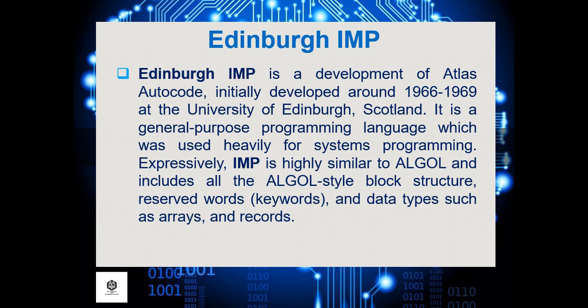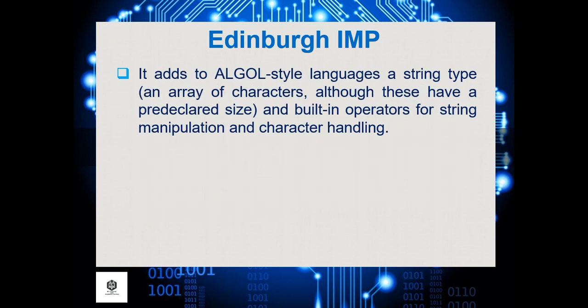Expressively, IMP is highly similar to ALGOL and includes all the ALGOL-style block structure, reserved words or keywords, and data types such as arrays and records. It adds to ALGOL-style languages a string type, or an array of characters, although these have a pre-declared size, and built-in operators for string manipulation and character handling.